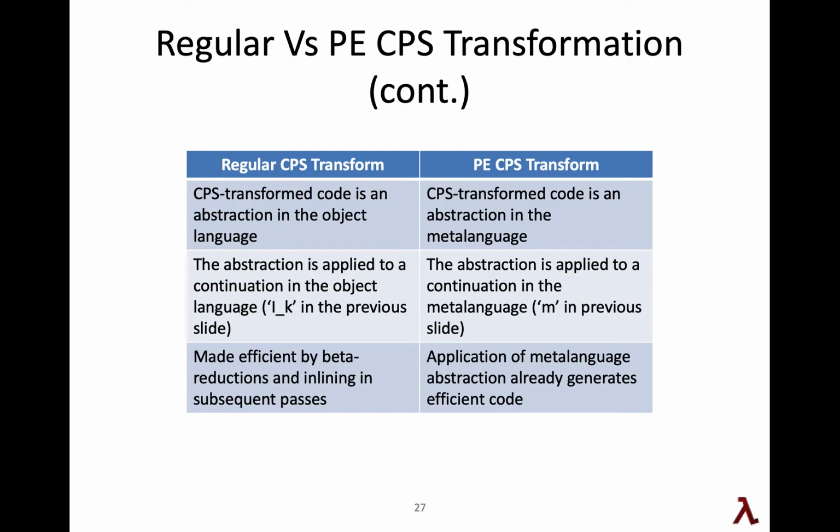And in the case of regular CPS transformation, the abstraction is applied to a continuation in the object language, which is indicated by the I sub k in the previous slide. Whereas here, the abstraction is applied to a continuation in the metalanguage, indicated by the small m in the previous slide. And the regular CPS transformed code is made efficient by, as I mentioned earlier, beta reductions and inlining in subsequent passes. Whereas in the case of PE CPS transform, the application of the metalanguage abstraction already generates efficient code.